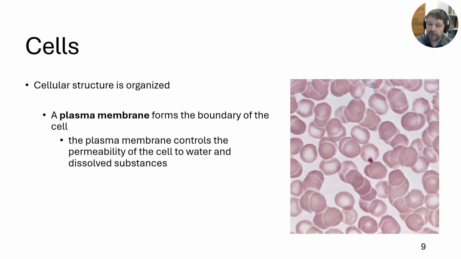That plasma membrane determines what can enter and exit the cell. The plasma membrane is made of phosphate heads and fatty acid tails. The phosphate heads are okay with being next to water, or incorporated with water. Fats, though, as many of you know, are what we call hydrophobic.